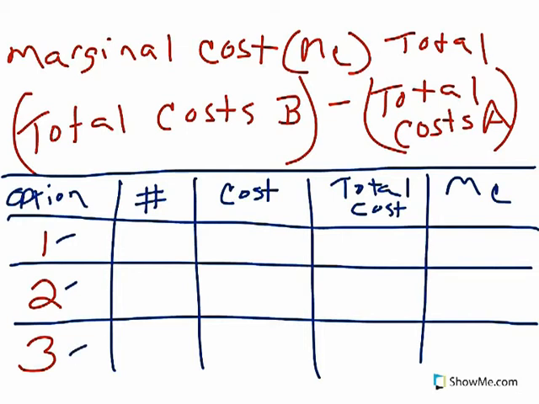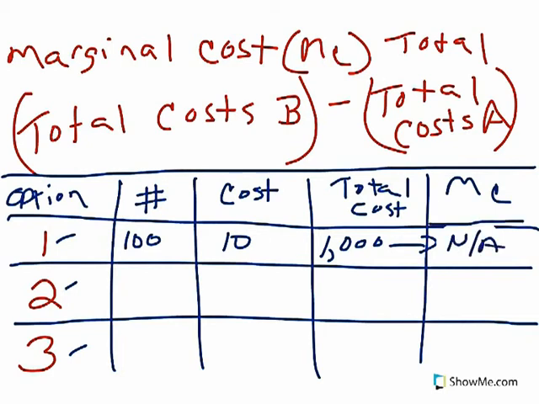In option 1, we could produce 100 units at a cost of $10 per unit, and that gives us a total cost of $1,000. Our marginal or extra cost is simply our total cost of $1,000, since our prior run, or option 0, would be 0. Otherwise, you could leave this blank as not applicable, as was your assignment.